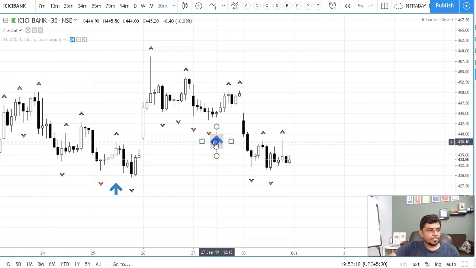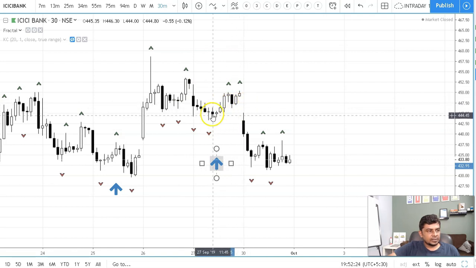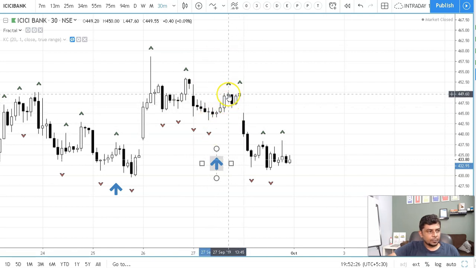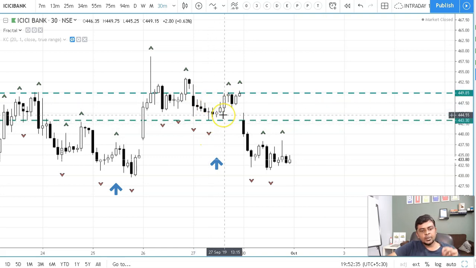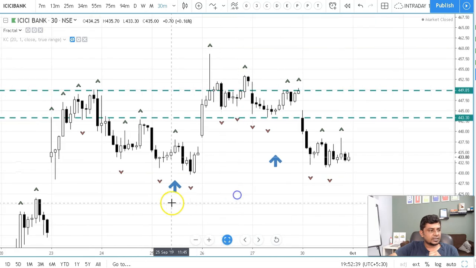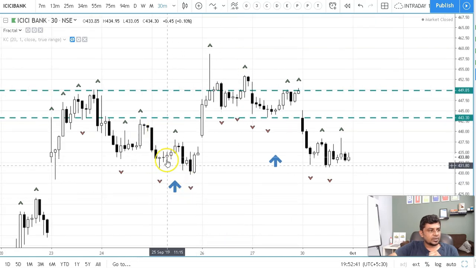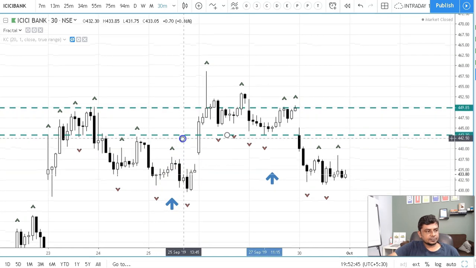If you can see on this day, since it was a compression day, we need to mark the lines at the last fractal. So the up fractal is here, and the down fractal is this candle low. So mostly it will be almost the same as the day's high and low. In some cases it will differ. Say in this case, the day's high was here, but the last fractal high is here.